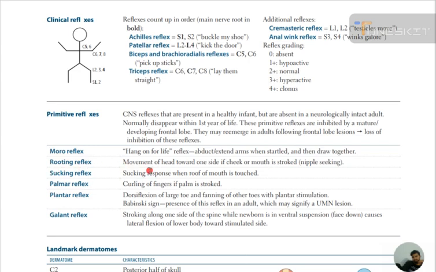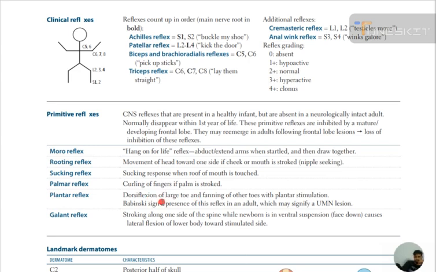Sucking reflex, sucking in response when roof of the mouth is touched. Palmar reflex, curling of fingers if palm is stroked. Plantar reflex, dorsiflexion of large toe and fanning of other toes with plantar stimulation.